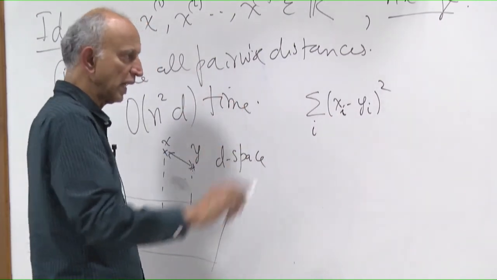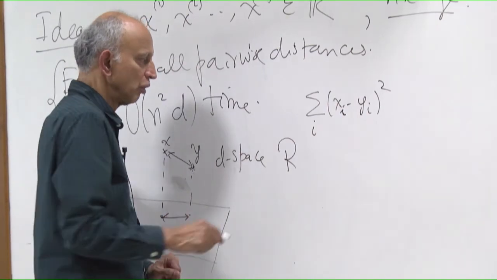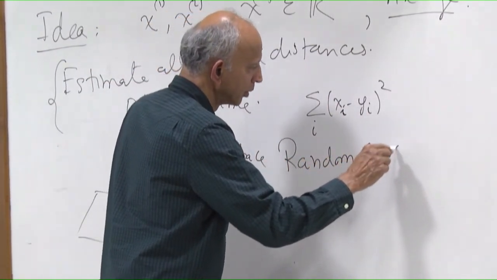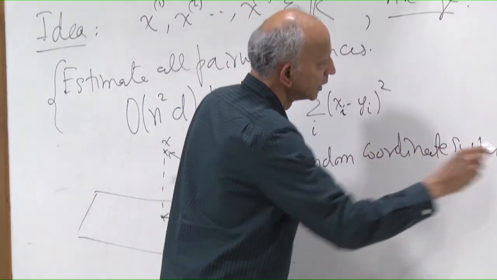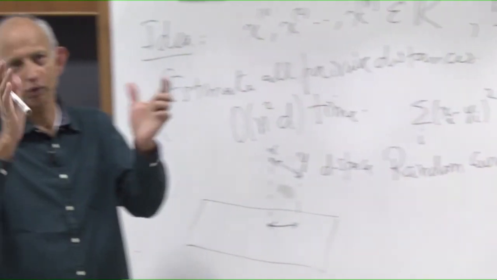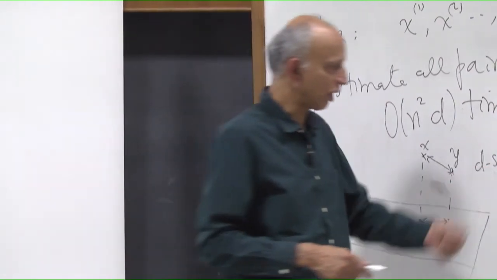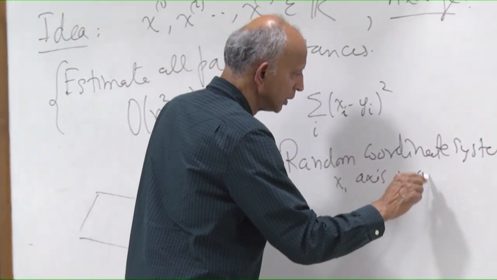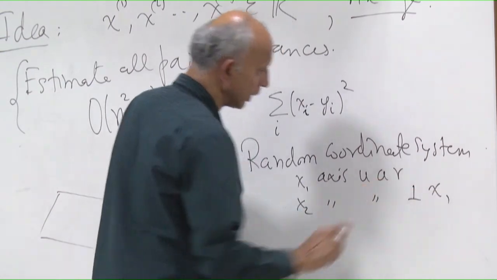So first intuitively, and then we'll do the actual proof next time. Suppose we choose a random coordinate system. A random coordinate system just means I take the regular coordinate system and rotate it by a random amount. Another way of saying that is I pick the x1 axis uniformly at random, and then the x2 axis uniformly at random perpendicular to x1, and so on.